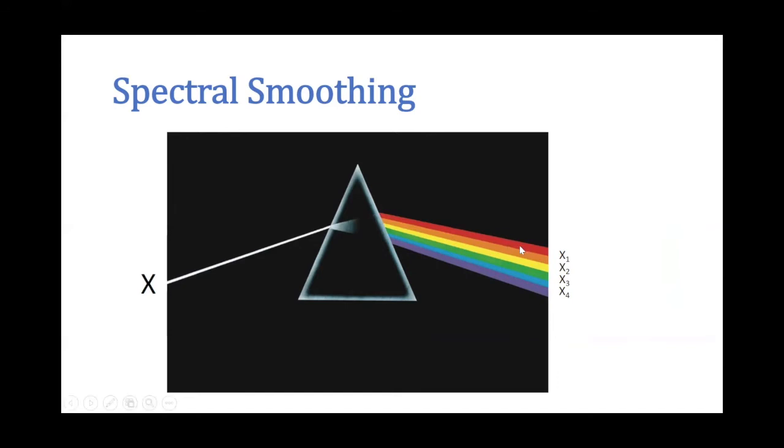So for example, red has the highest wavelength and lowest frequency, which means really long range information, whereas for violet, it's really short range information. So just like that, X is broken into multiple components here. Some of them have information about long range stuff, while the others have really short range stuff.